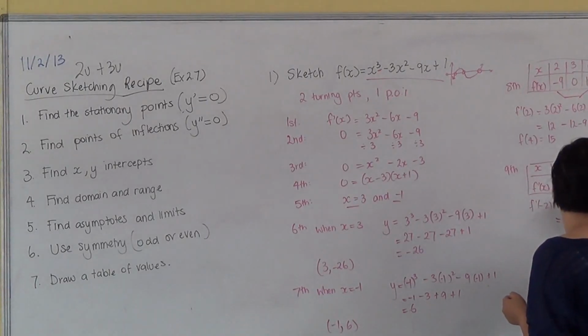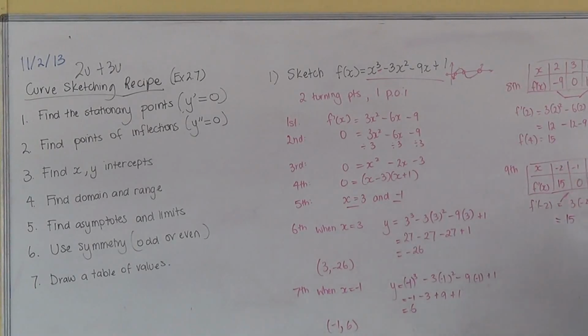Okay, so it's positive, so it's going up. That's a good sign, because we're looking for a maximum turning point here. It goes up, flat lines, and at 0 it's minus 9, so it goes down. So it makes a maximum turning point.